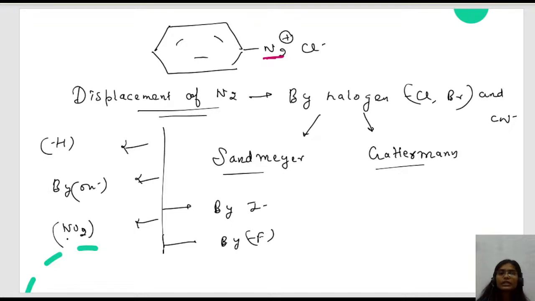So basically we're going to discuss how to replace this N2 with chlorine, bromine, iodine, fluorine, hydrogen, OH, and NO2. So let's make a kind of chart, so that we can cover everything in a single portion.